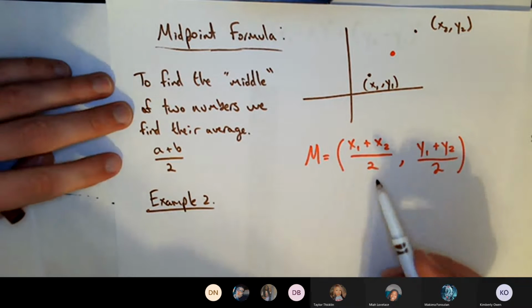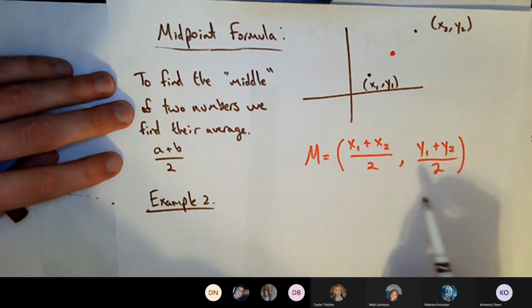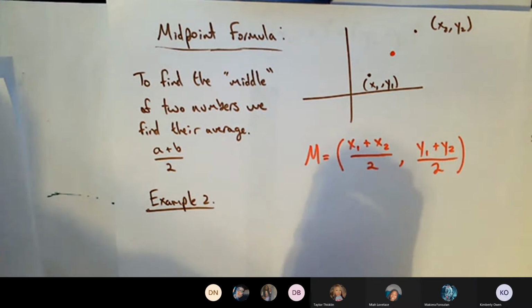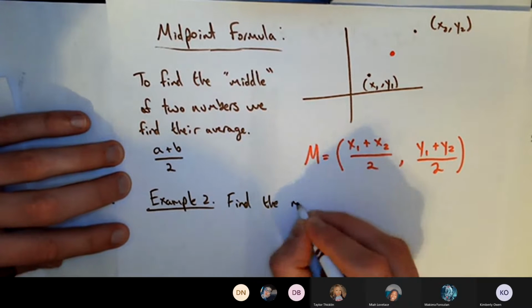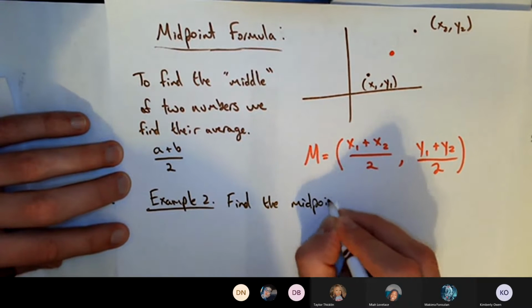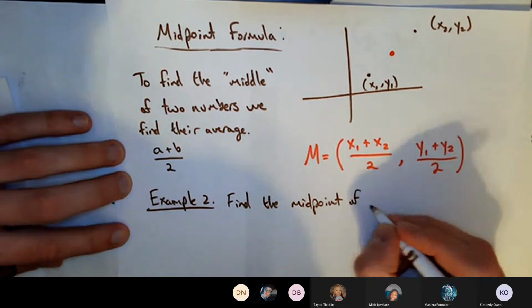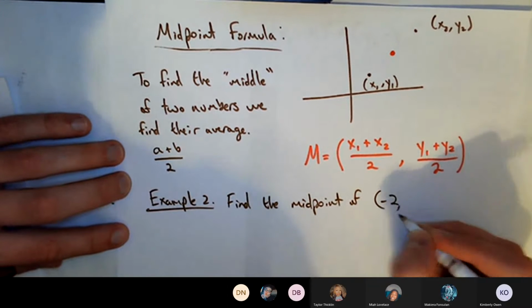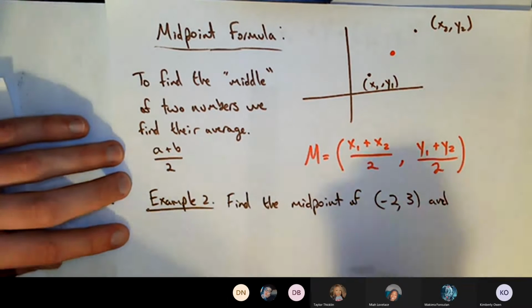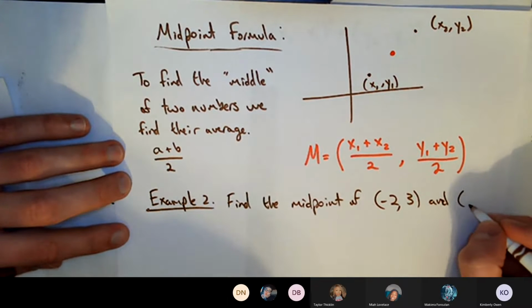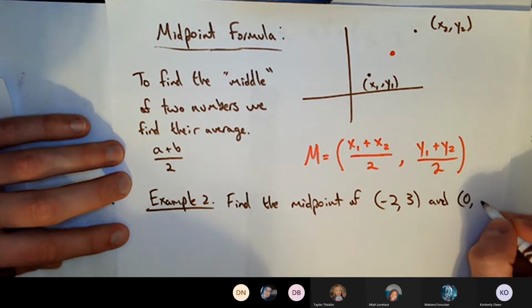You just find the average of the x's and the average of the y's and stick them together in a coordinate point. So let's find the midpoint of the points, let's say -2, 3 and 0, 4.